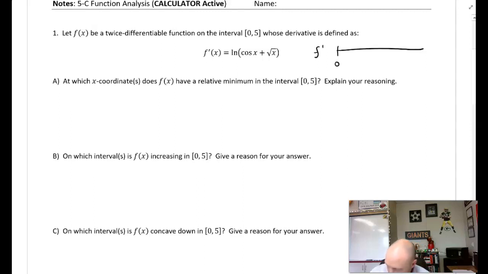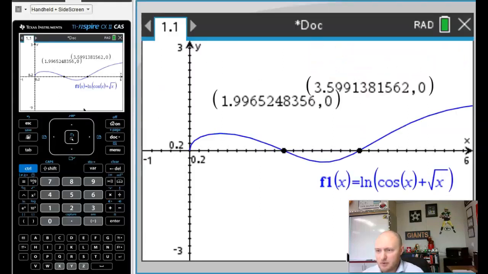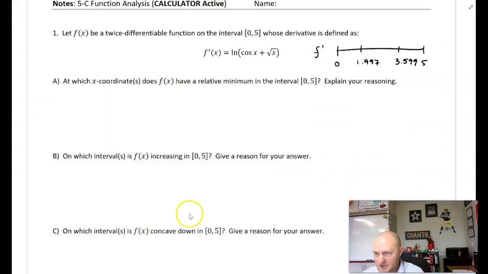I'm starting at 0 and I have 1.997. And then my other point was 3.599, and we ended at 5. Okay, so here's my f prime chart. That's where f prime is 0. And looking at it, we go positive, negative, positive. So where do we have a relative minimum?